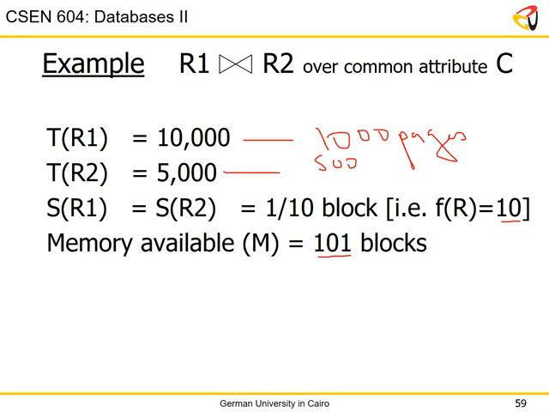So I have 101 pages in memory available to use however I like to perform this join. But obviously this is way less than what I want, because I have 1,000 pages in R1, 500 pages in R2, and I just got 101 pages available.